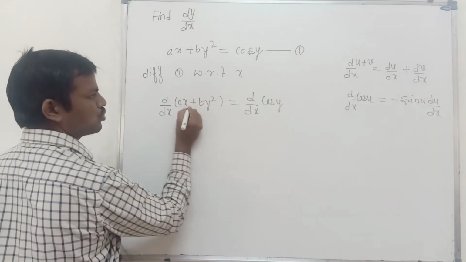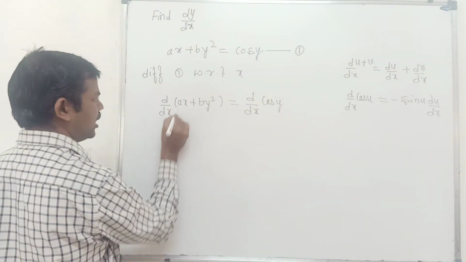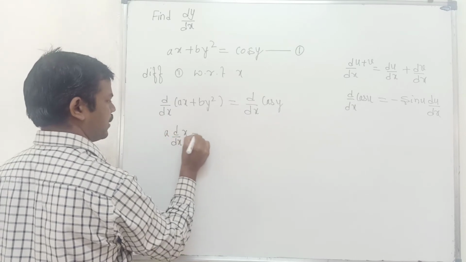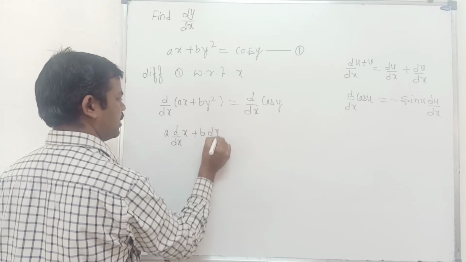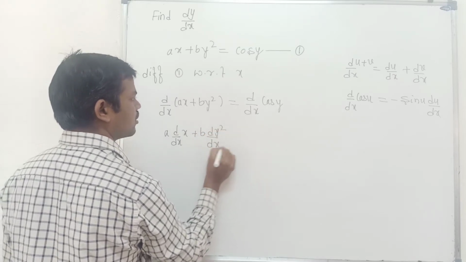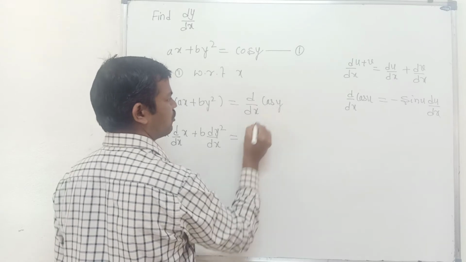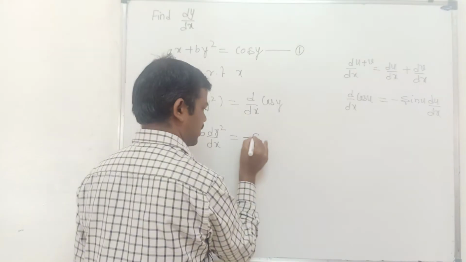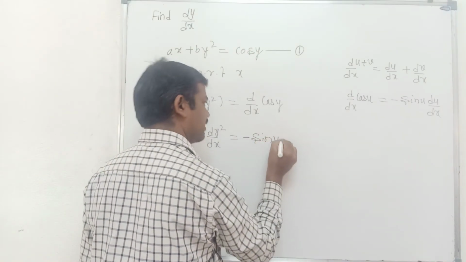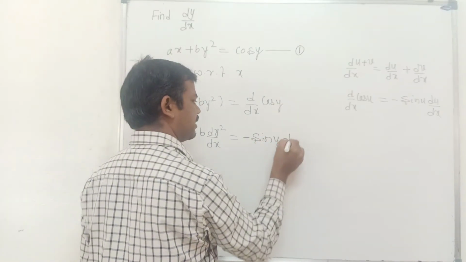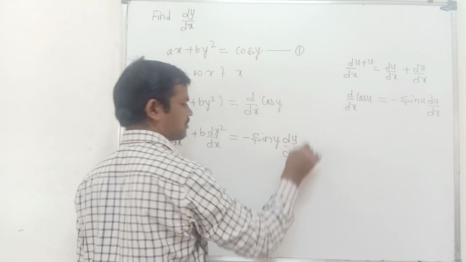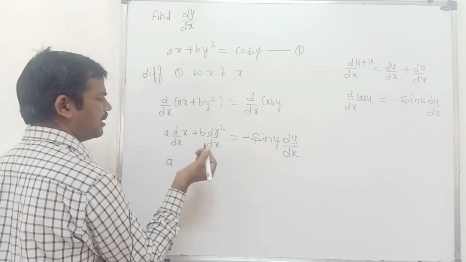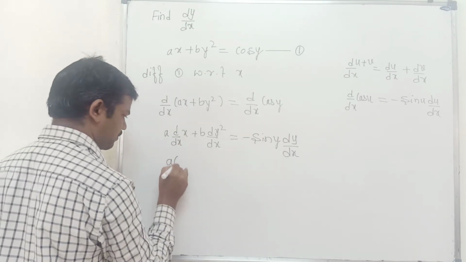Inside, by using that rule, a is a constant so it stays outside, the derivative of x, plus b stays outside, the derivative of y square, is equal to the derivative of cos y. The derivative of cos y is minus sin y into dy by dx, since y is a dependent variable. The derivative of x, an independent variable, is 1.